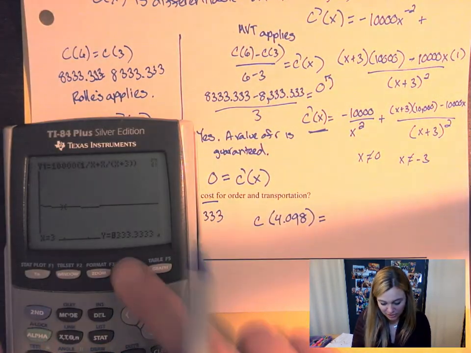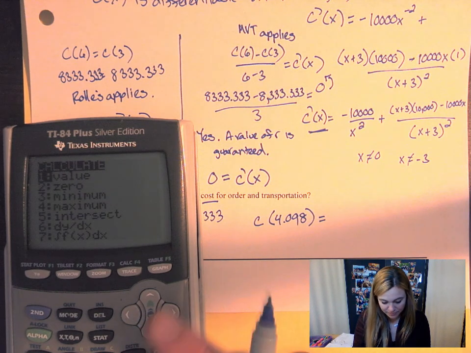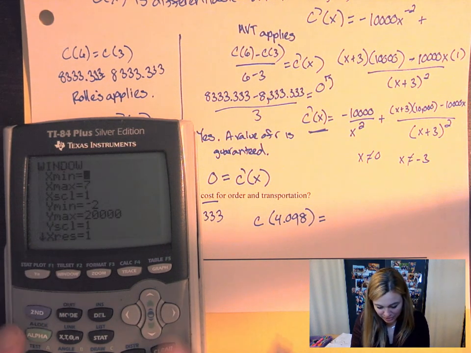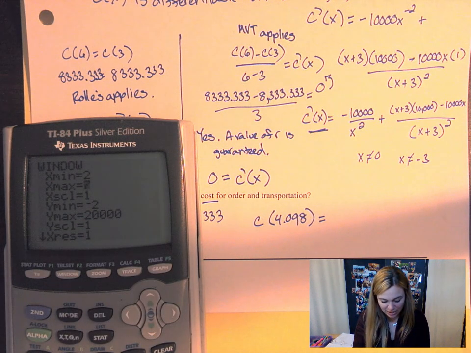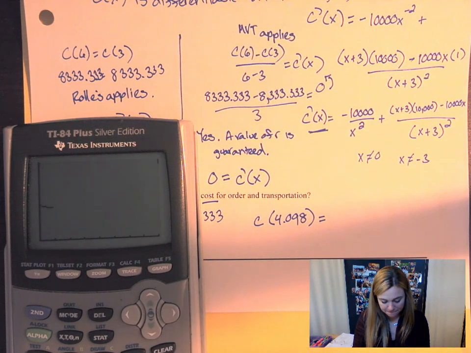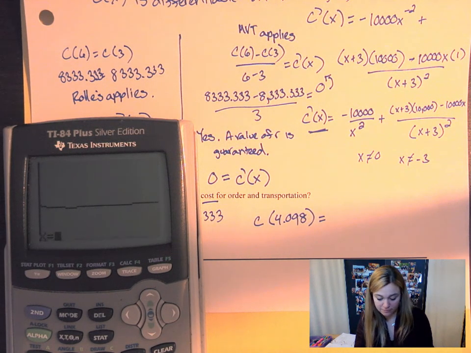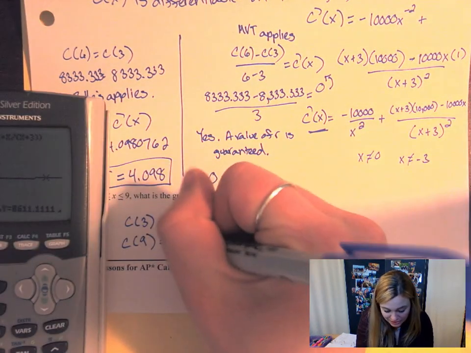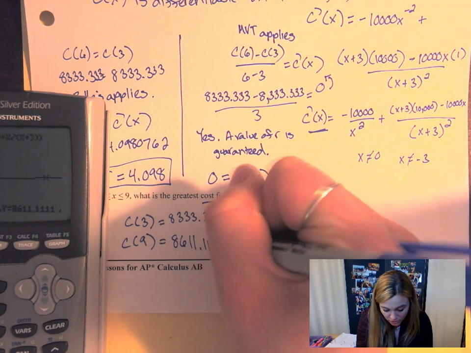If I calculate C of 9, let me make sure, this says only 7 on here for x max, let me change this to 10. Function value at 9 is 8611.111.